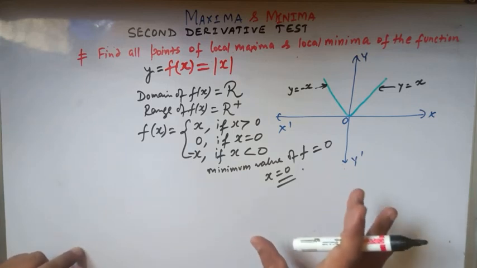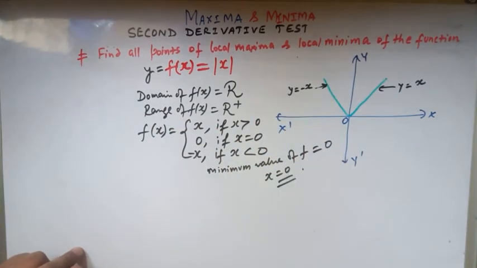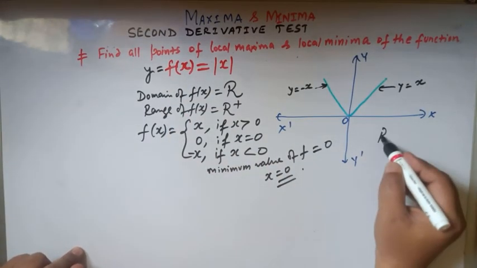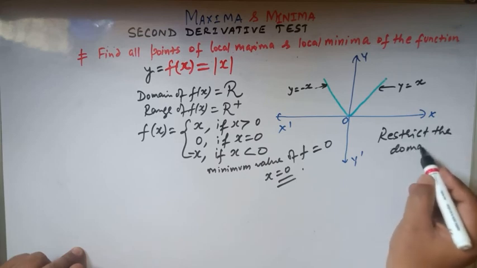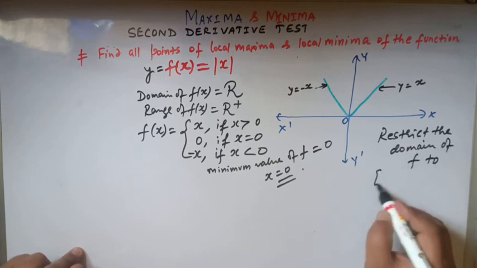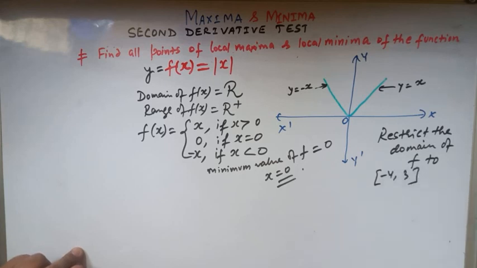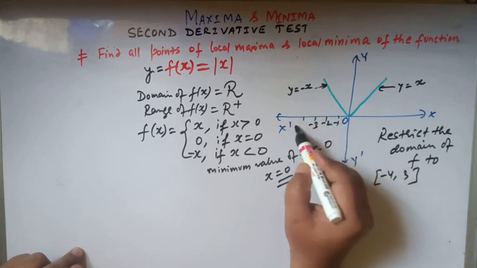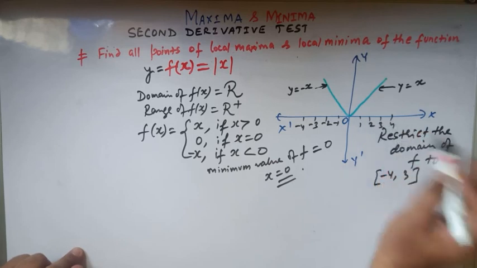So viewers, here we can find the maximum value if we restrict the domain of this absolute value function. Say if we restrict the domain of f to -4 to 3, say this is -1, -2, -3, -4, and here we have 1, 2, 3, 4 like this.